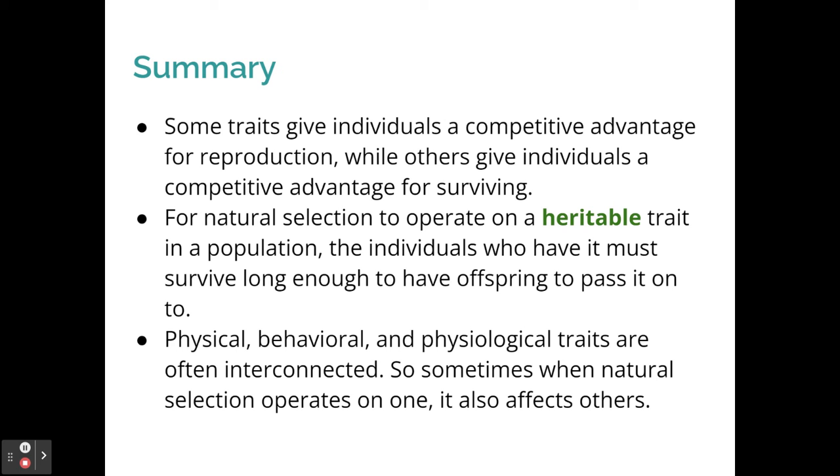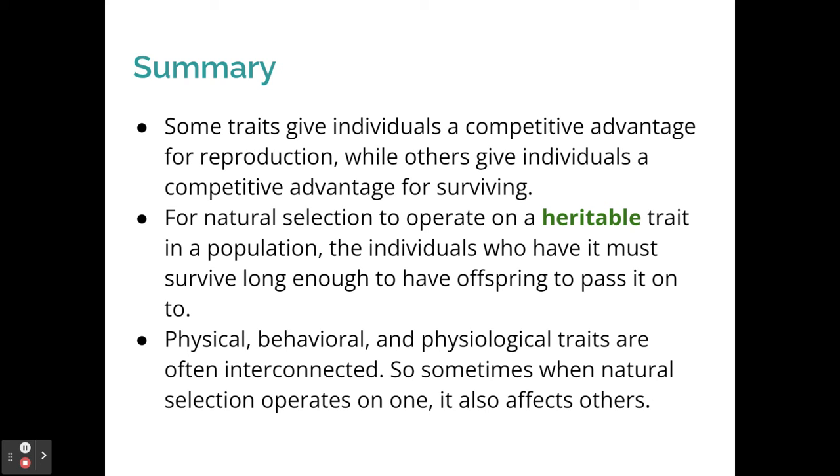And the last important thing is that physical, behavioral, and physiological or morphological traits are often interconnected. So sometimes natural selection operates on one, and it also affects others. For example, if brain chemistry between the birds were different, it affected their behavior as well.